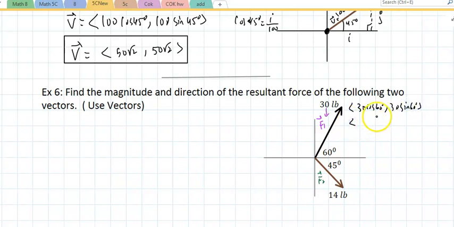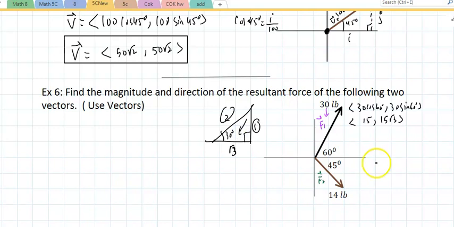And what's the cosine of 60? Isn't that a half? And the sine is radical 3 over 2. And if you've ever forgotten those, you could always draw the triangle really quickly. 1, 2, radical 3, and it's 60. Cosine is the adjacent over the hypotenuse, and sine is the opposite over the hypotenuse.